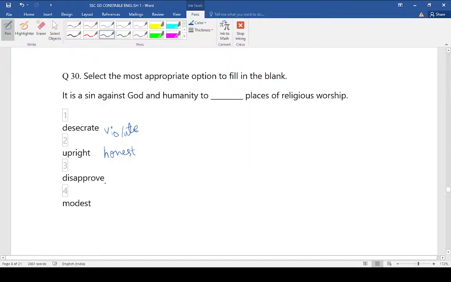Next we have disapprove. Disapprove is nothing but they are not going to treat it in a proper manner. And modesty is nothing but unassuming achievements.